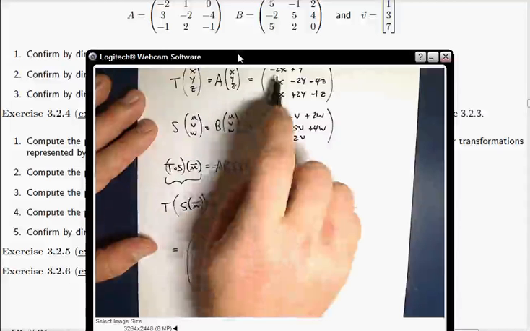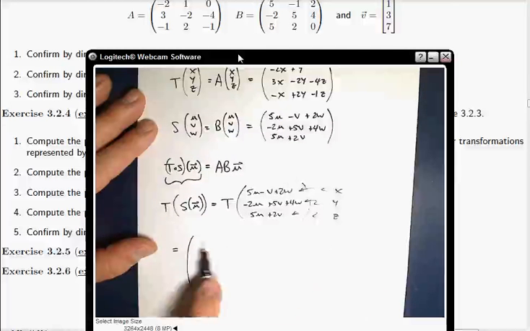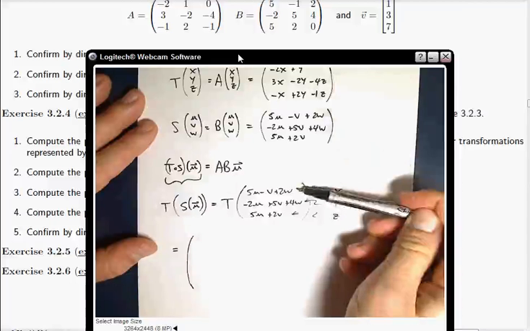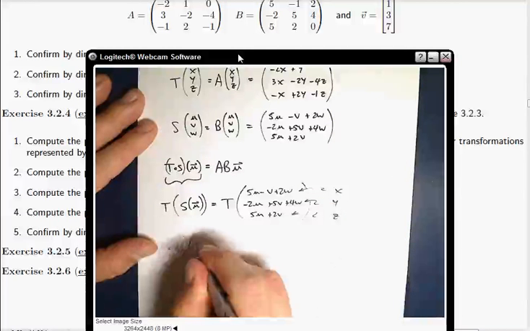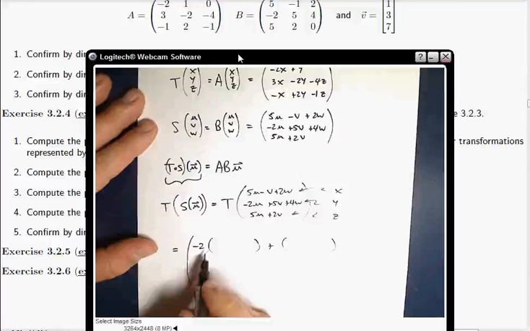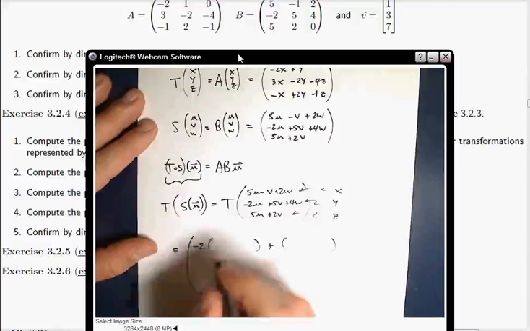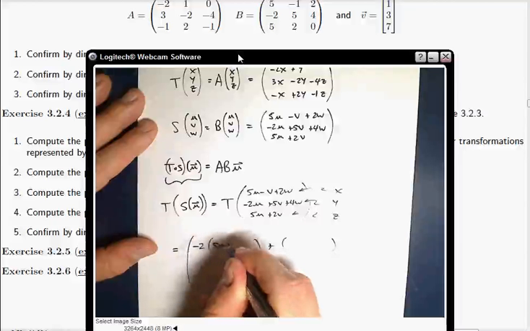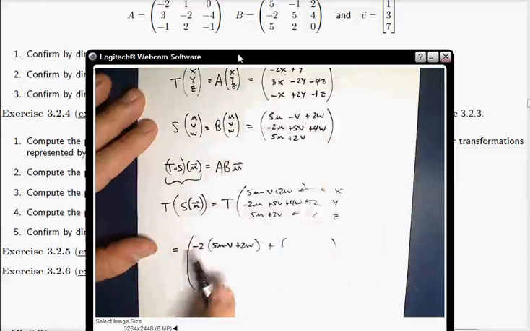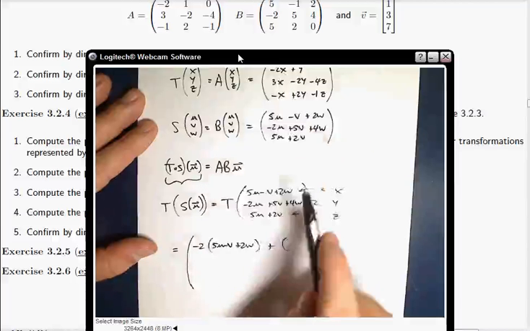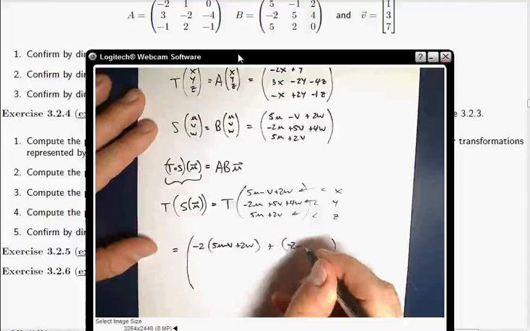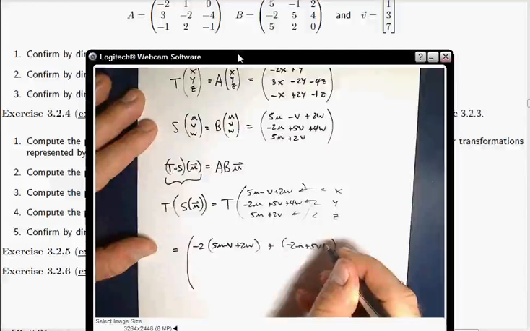Okay, the formula for T's first component is negative 2X plus Y. So it's going to be negative 2 times 5U minus V plus 2W, plus Y, which is negative 2U plus 5V plus 4W.